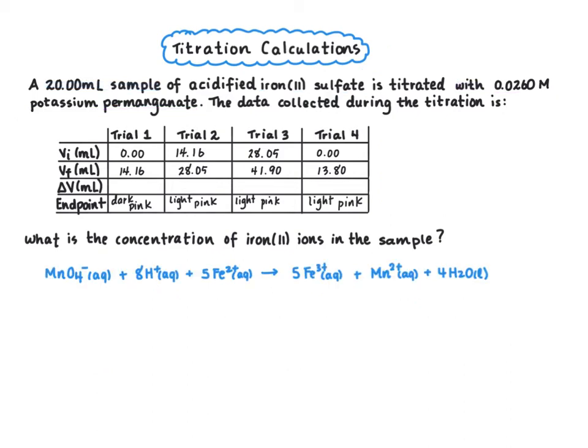All right, so our next step is going to be to determine how much permanganate was added in each of our trials. And we're going to do that by taking our final volume and subtracting our initial volume. These volumes are just read off of the burette.